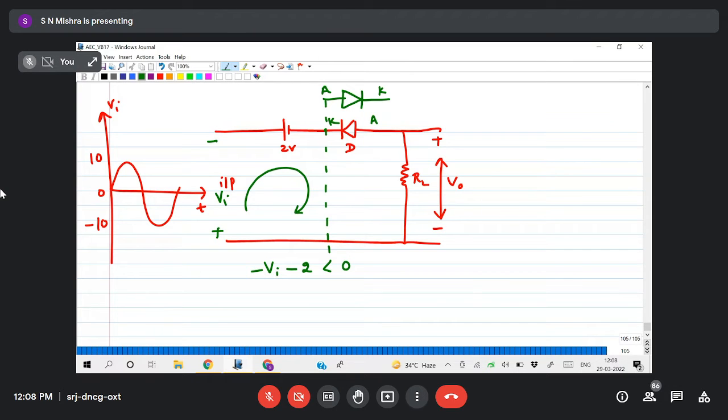Clear? Yes, sir. Even if you do like this, you don't take the minus sign initially, you take Vi, because we don't know. So first take Vi like this. So Vi minus 2 should be less than 0. Assume that you have just given a positive half cycle.